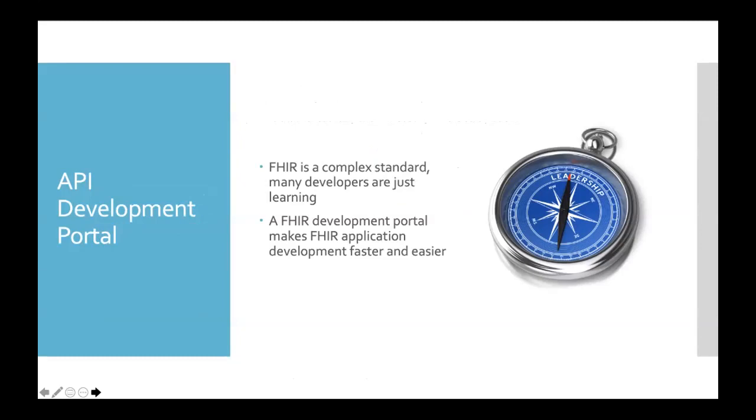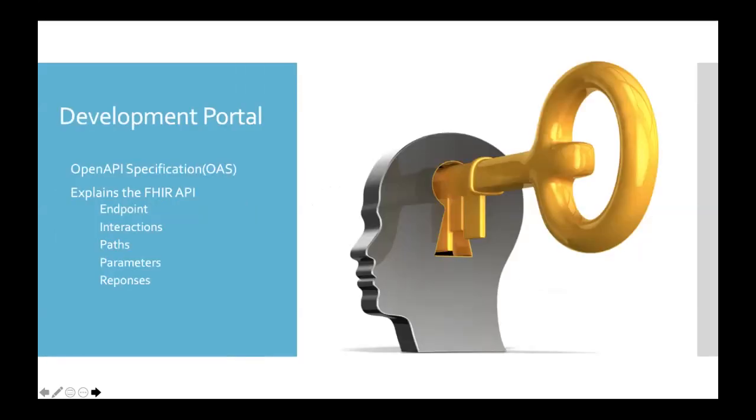Well, let's start off with looking at the first part of the API lifecycle, the development portal. All of us know that FHIR is a complex standard. Many developers are just learning now. Wouldn't it be great if you could expose all these FHIR resources to make their understanding by other developers and users easier and faster? And there are definitely ways to do that.